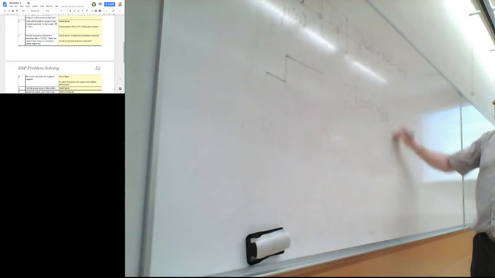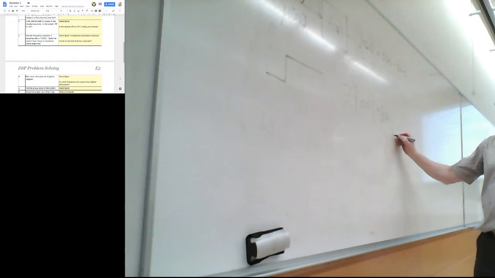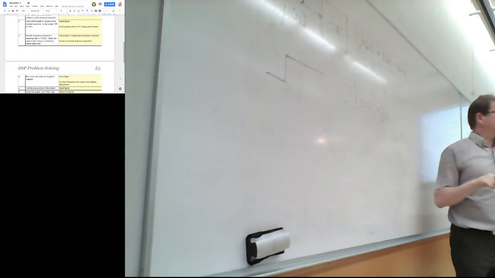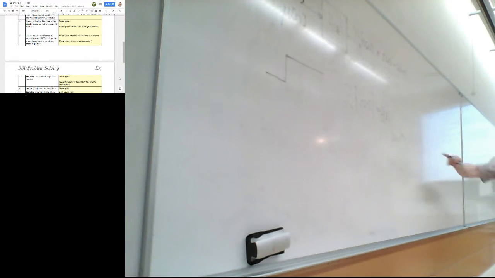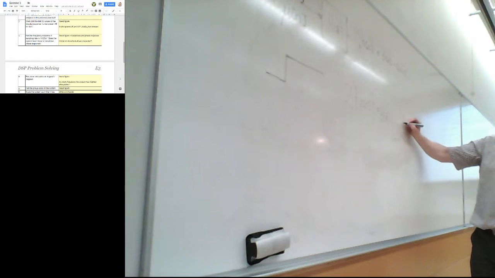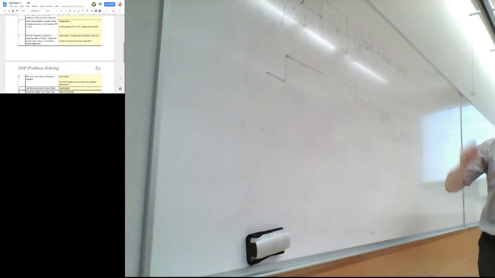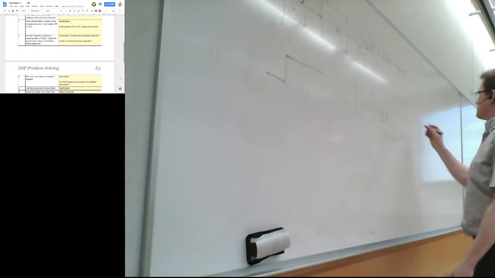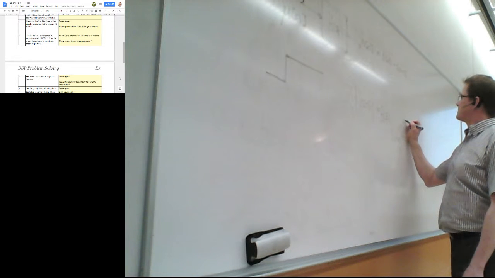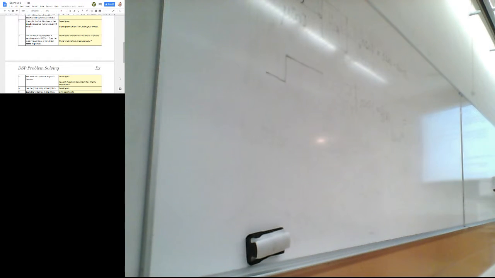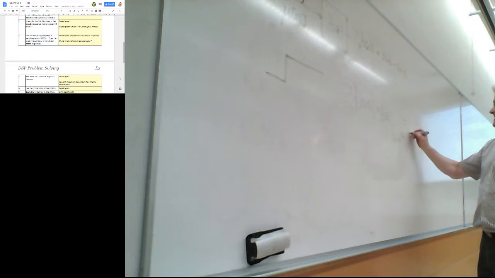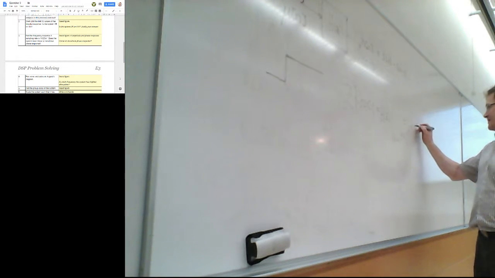And basically, when you put Z equals e to the j omega, meaning you are evaluating the transfer function on the unit circle, that is the same as frequency response.